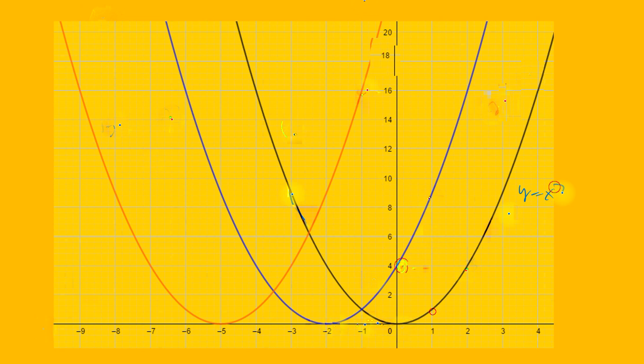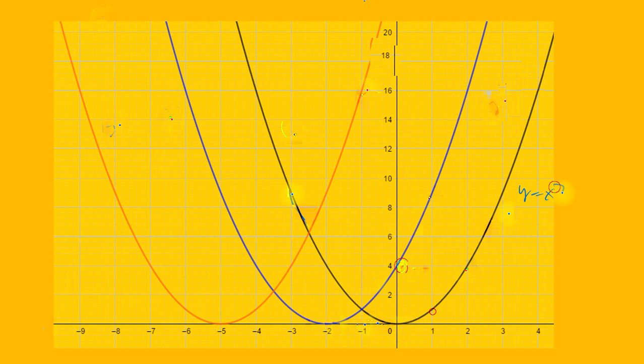How about number 3? In number 3, look at this. h is positive 3. So from x squared, there is a change in h and there's a change in a. Remember, a here is positive 1 and there it becomes negative 1.